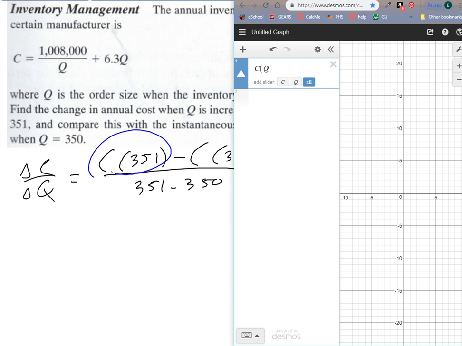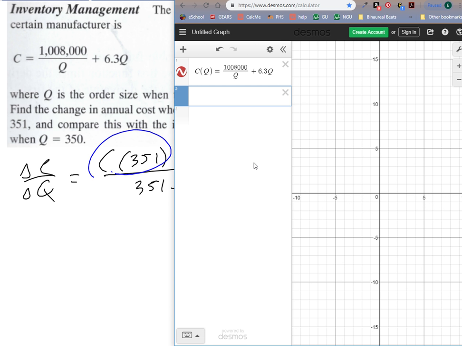C of Q equals 1,008,000 divided by Q plus 6.3 Q. And then we can just come down here and just do the expression C of 351 minus C of 350, divided by 351 minus 350, and it gives us that value, negative 1.905, blah, blah, blah.